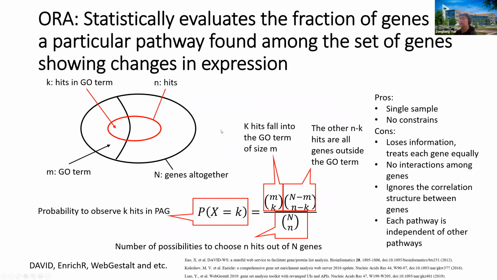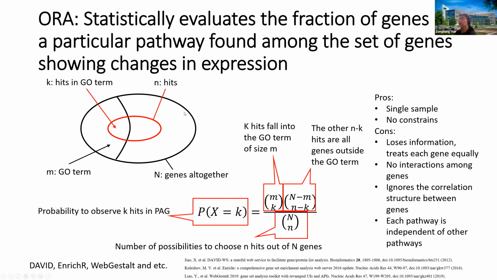We know that, given this knowledge, there are four numbers: the total genes in the background, the number of gene members in the chosen term, and, using a hard threshold to get the candidate genes, the total number of hits and the hits inside the gene ontology term.